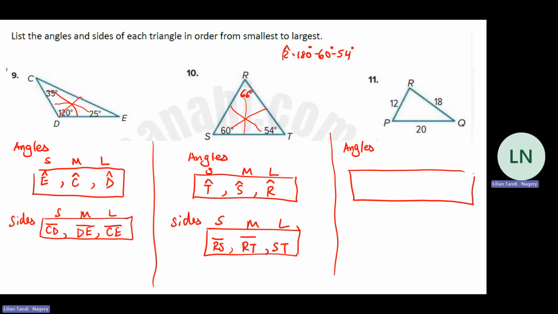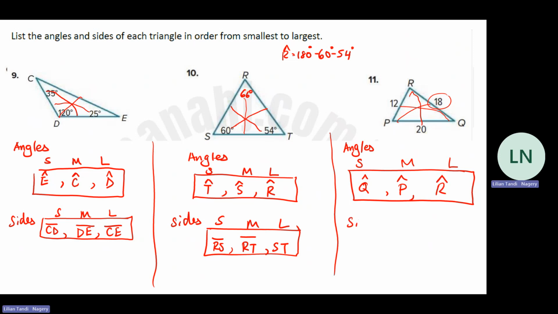And then you should have S, you should have M, and you should have L. So the smallest angle comes from the smallest number, so Q. 12 is the smallest number, it goes opposite to Q. So angle Q. And then M, the middle one, will be 18, which goes to P. And then 20, which is the biggest number, goes to R.